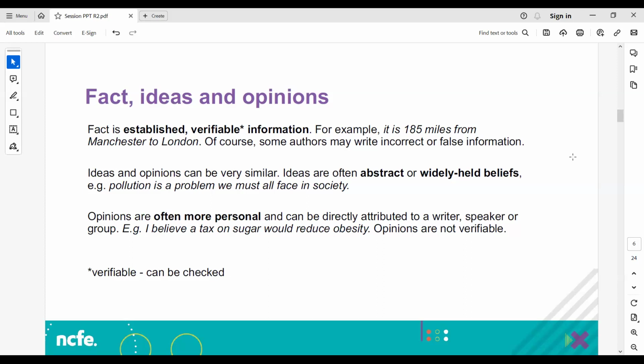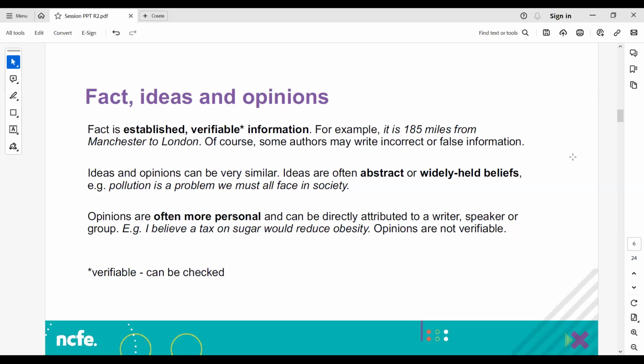So the example would be pollution is a problem we must all face in society. The majority of people, I would think, would agree that pollution is a problem. So it's an idea. It's not just my personal opinion. That's an idea that a lot of people would subscribe to. A lot of people believe that.